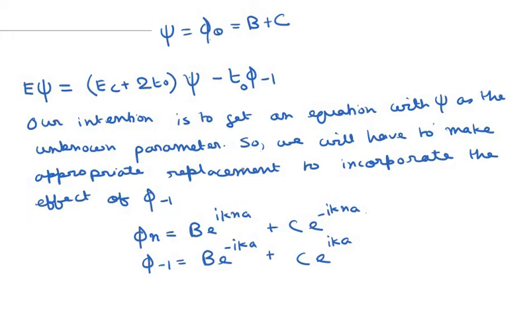Now from here we note that this is the forward propagating wave and this is the backward propagating wave, and we have information about the statistics of the forward propagating wave.